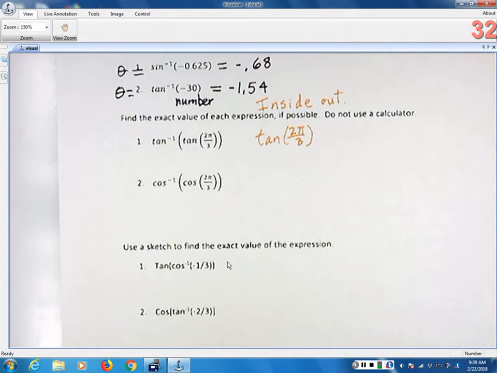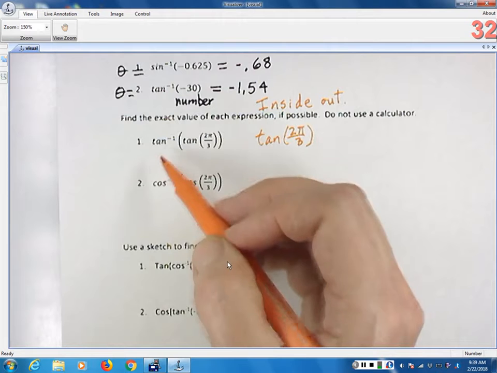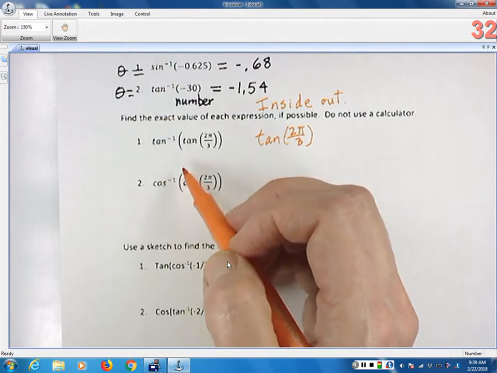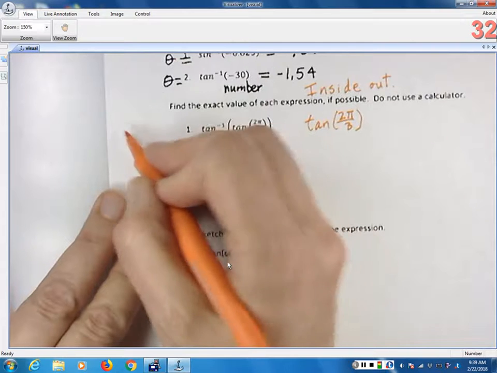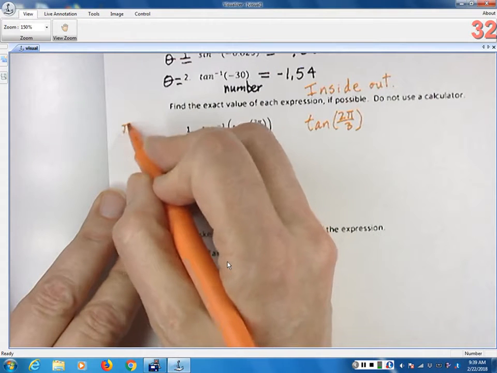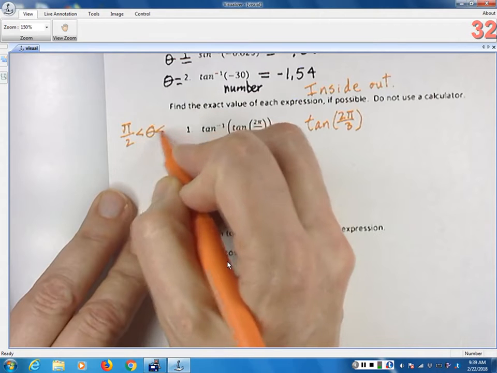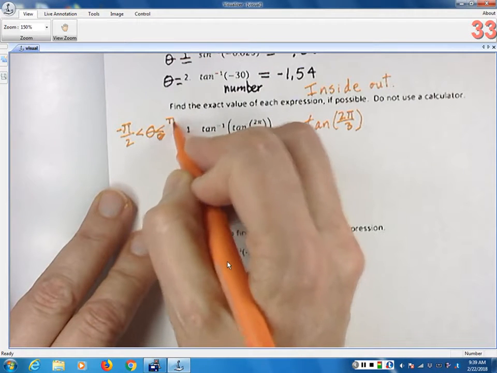Now, remember the restricted domain of tangent of theta was that theta had to be between -pi/2 and pi/2.